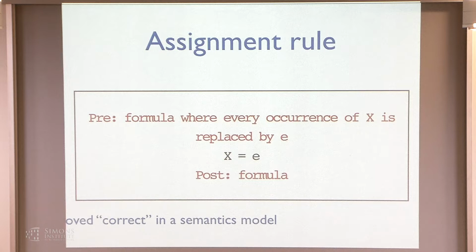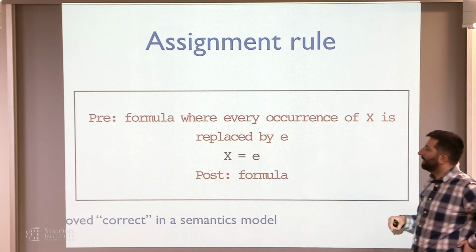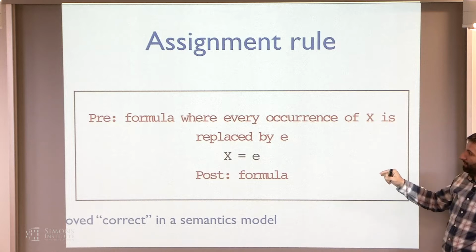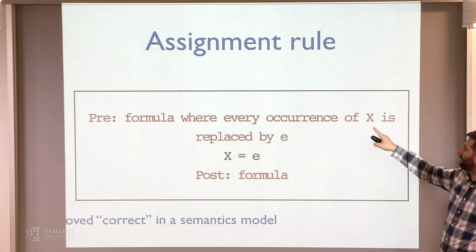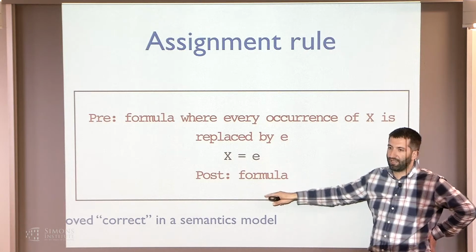Now, using this rule, let's say that if we have an assignment like this, where to X we assign E, then we can derive, starting from a formula where every occurrence of X is replaced by E, the formula itself.